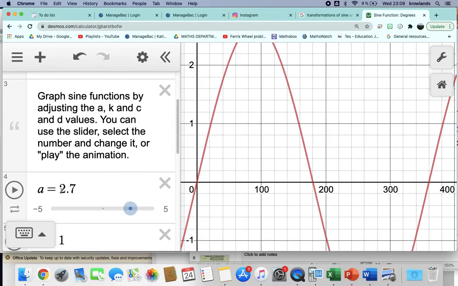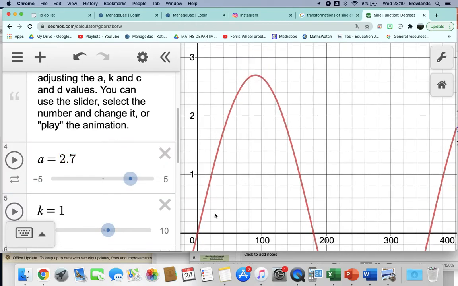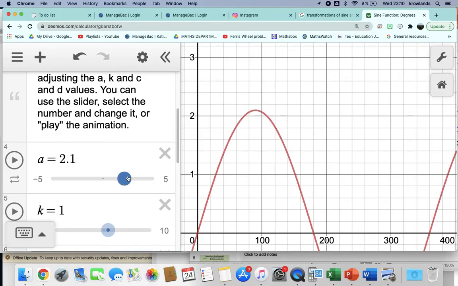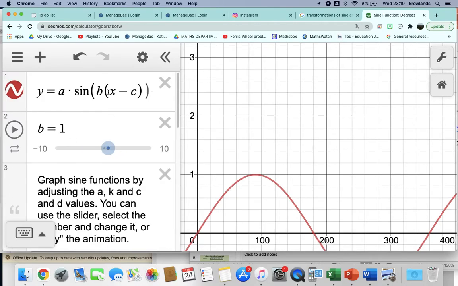So I call this intuitive. When the A becomes bigger, it intuitively becomes more stretched and the values on the y-axis become bigger. So it's intuitive. Whereas things inside the brackets are counterintuitive. They're the opposite of what you think.